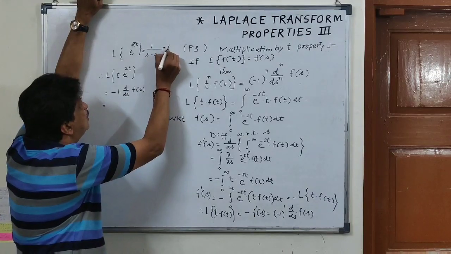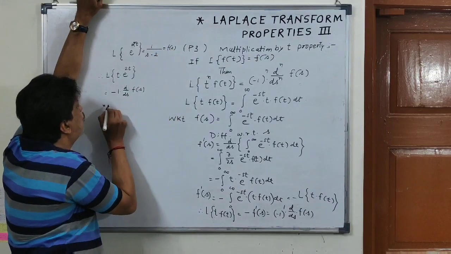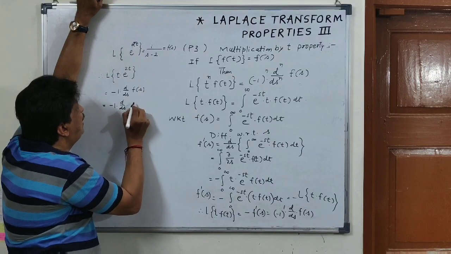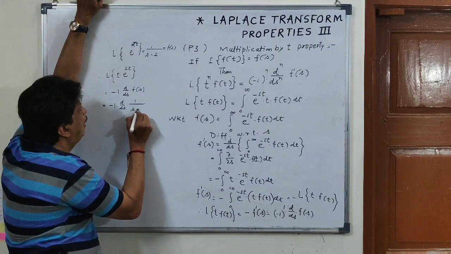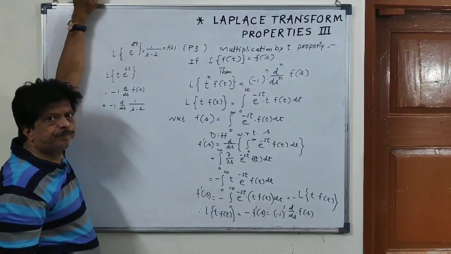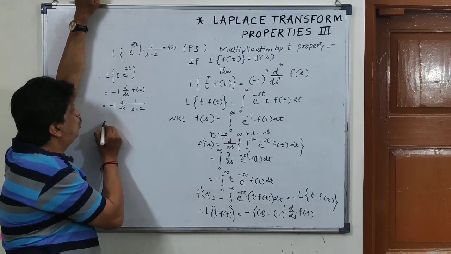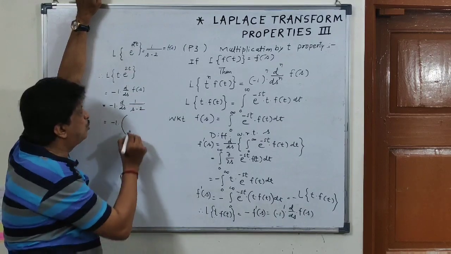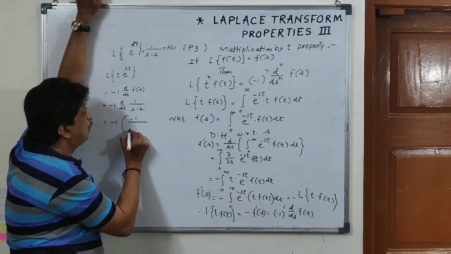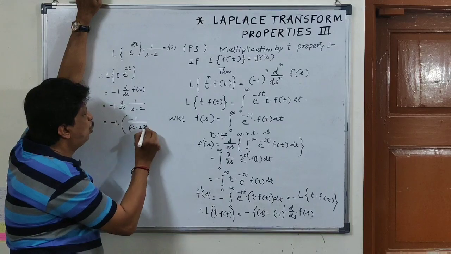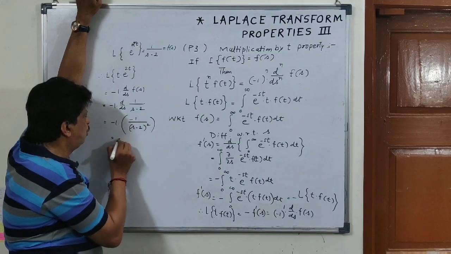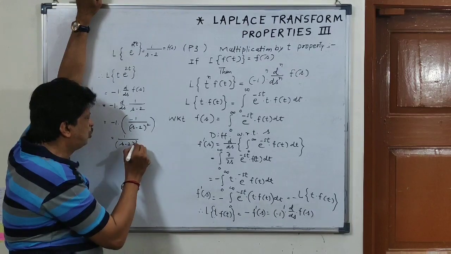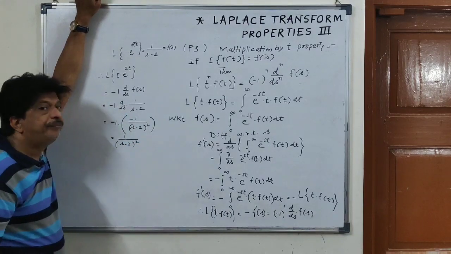This is F of s. So minus 1 into d by ds of 1 upon s minus 2. So that is equal to minus 1 into, and the derivative of this is minus 1 upon s minus 2 whole square. So that is equal to 1 upon s minus 2 whole square.